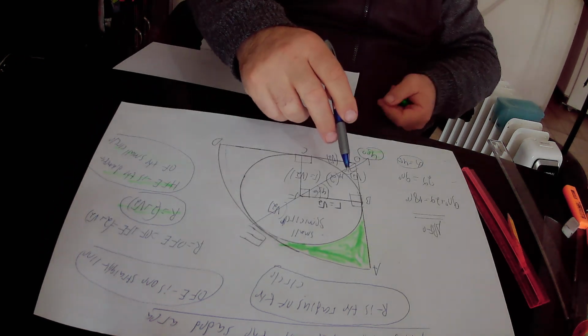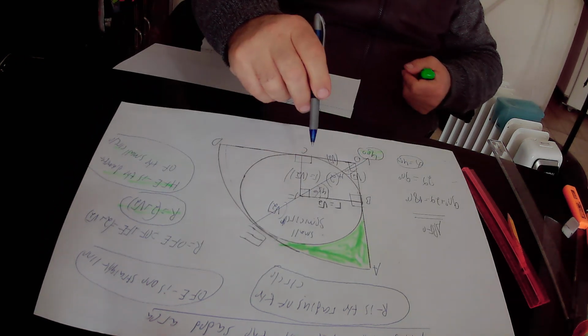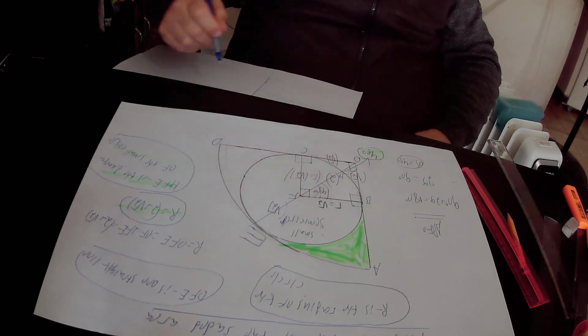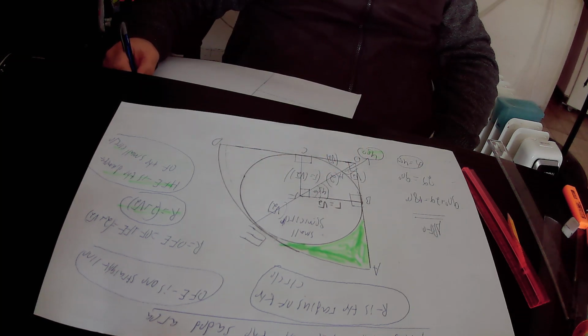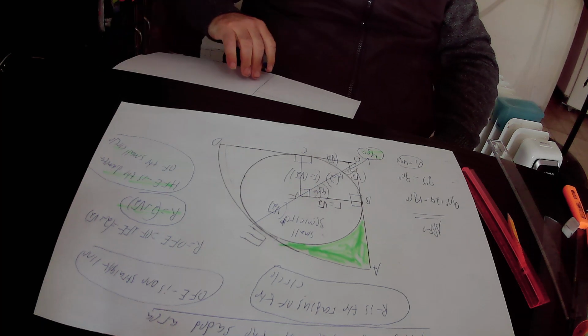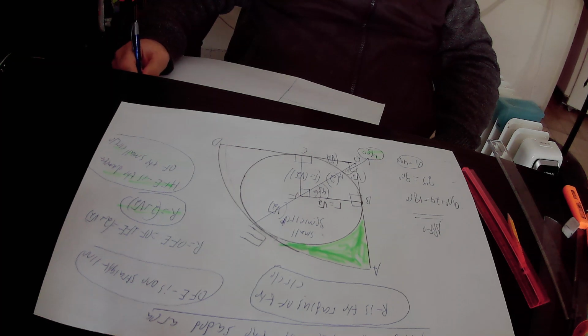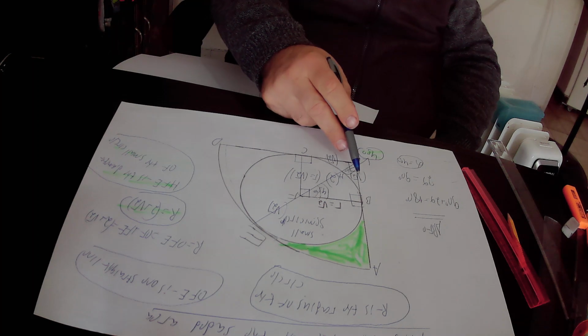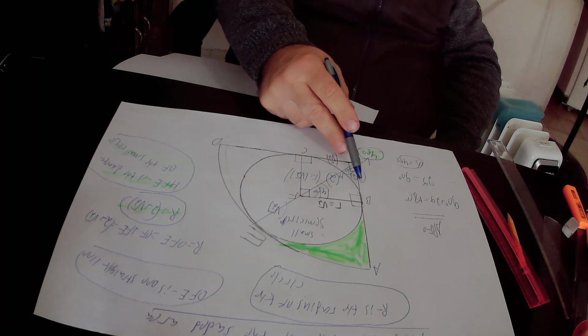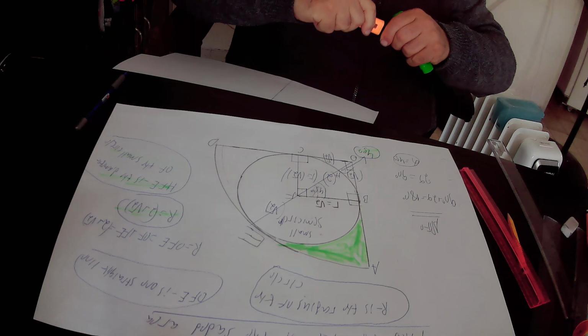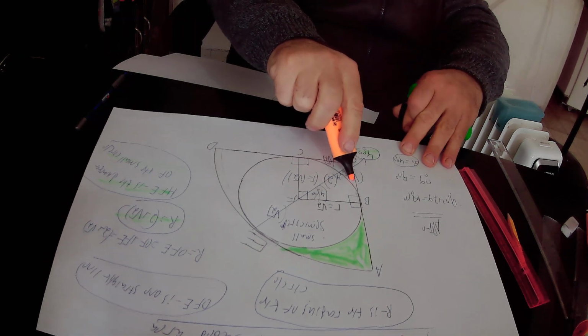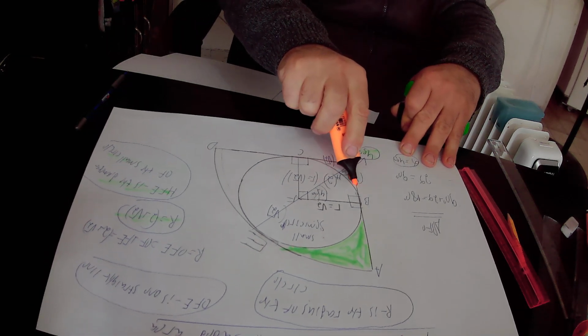So the area of the green shape equals the area of the big sector AOE minus the area of the small semicircle, minus the area of the orange shape HBO.